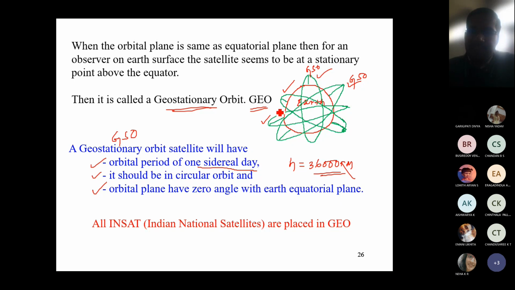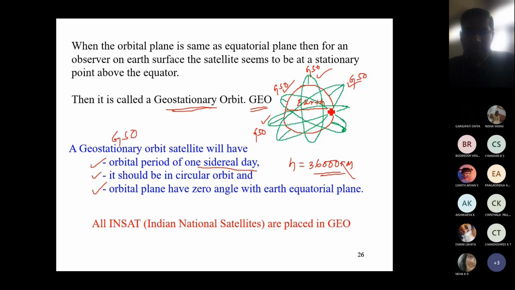There can be many GSO orbits possible at different inclinations. But if the inclination angle of the GSO orbit is 0 degree with respect to the equatorial plane, which is the equator, this is the equator.